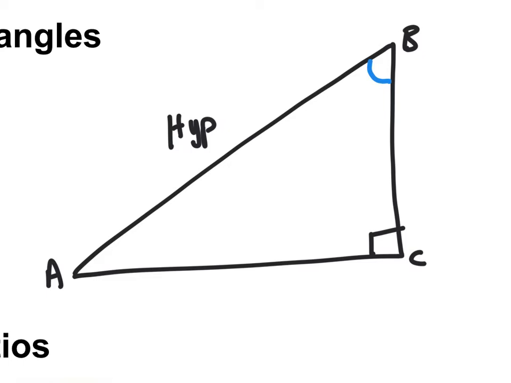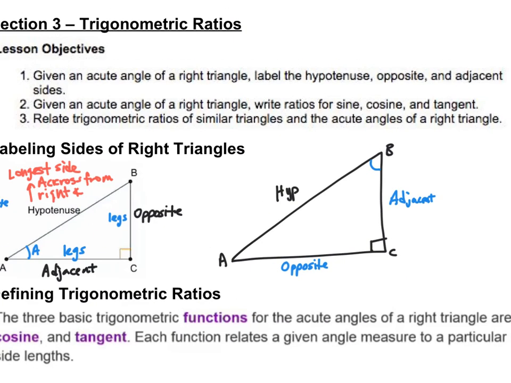This side right here I'm going to call my adjacent side, because it's next to angle B. And this side here is going to be my opposite side. And that's how we do that.